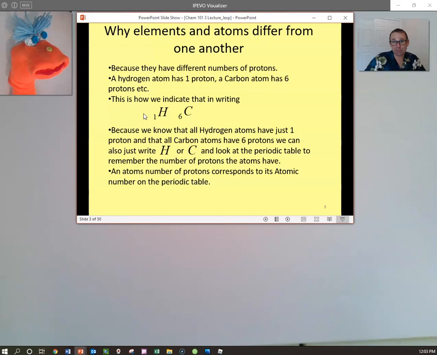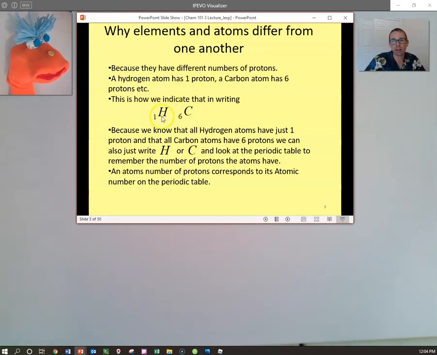We have elemental symbols, and we've already discussed these a little bit. But now I'm going to discuss a way to convey through your writing of elemental symbols information about the number of protons, the number of neutrons, and the number of electrons on a given atom, okay? So, for example, here is the hydrogen atom.